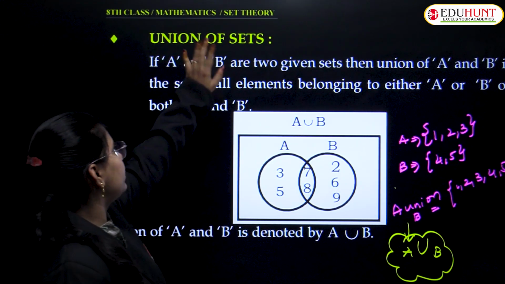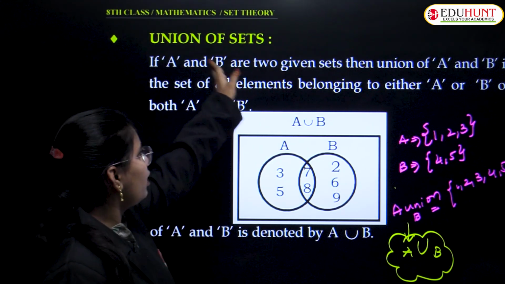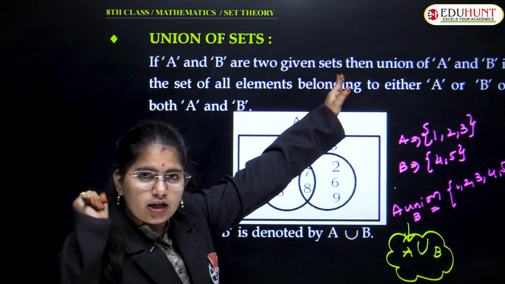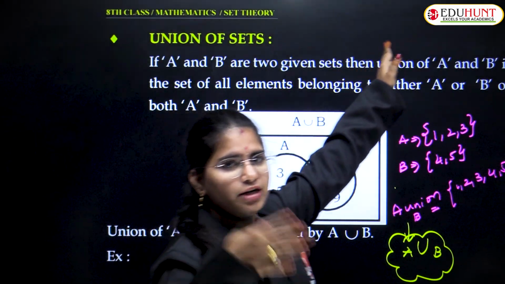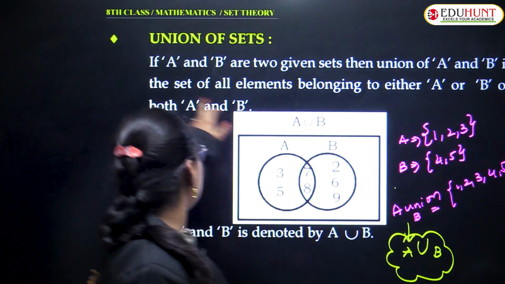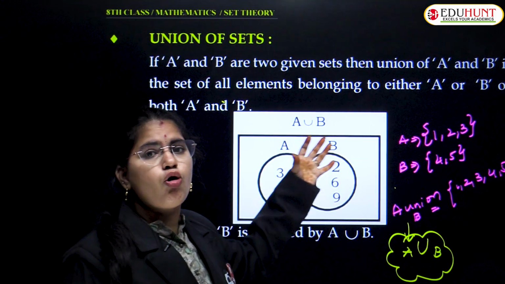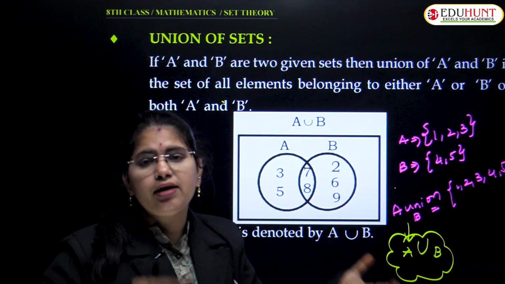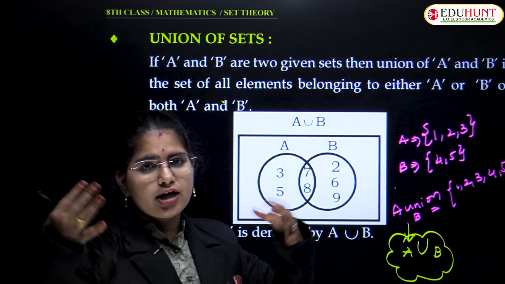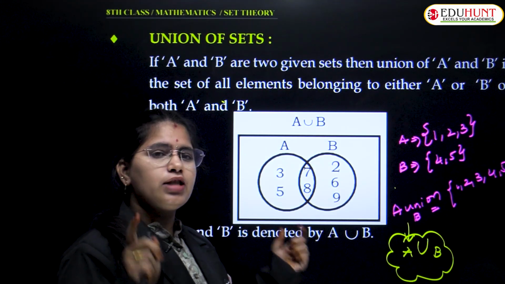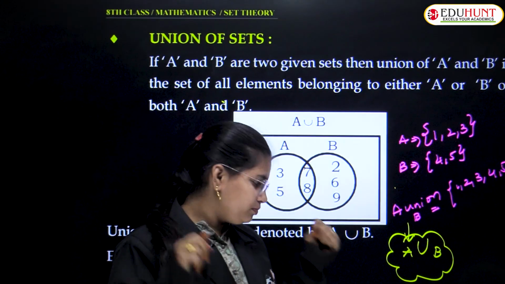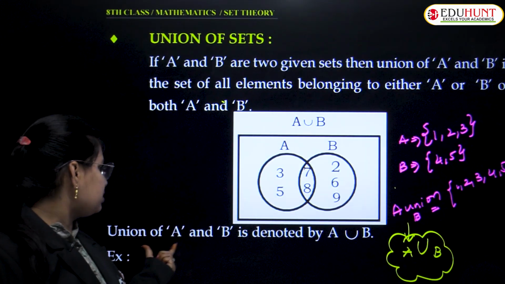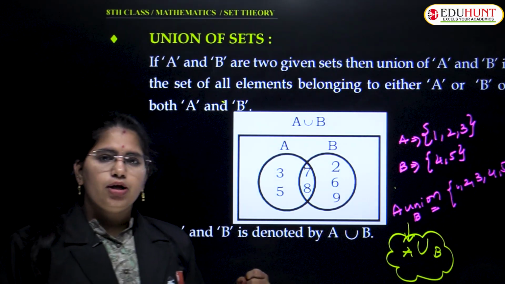If A and B are two given sets, take any two different sets. Then A union B is the set of all elements of set A and set B, brought together in one particular set. That forms A union B. Correct, and this is the notation.